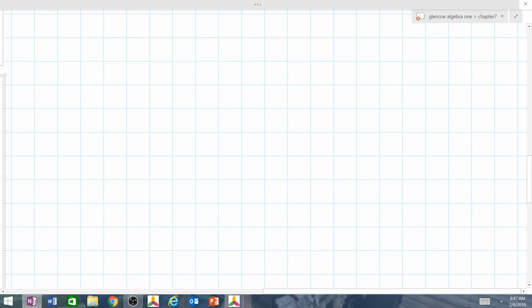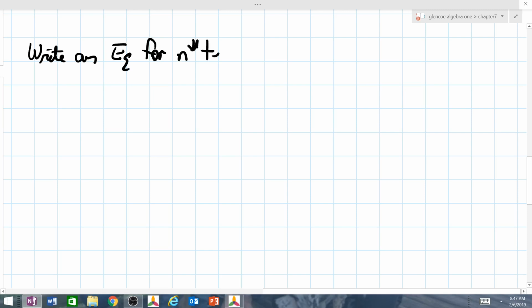So we want to write an equation for the nth term. Here's my sequence: 5, 20, 80, 320. The first thing I want to see is the formula.